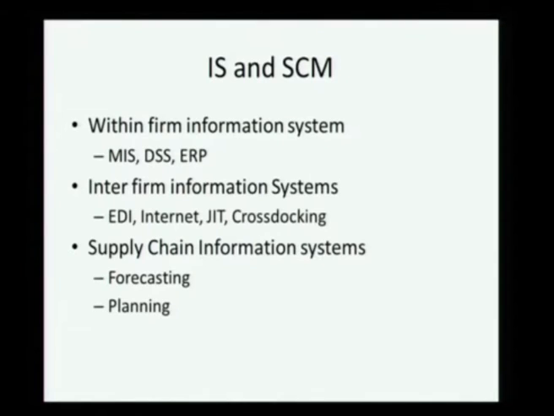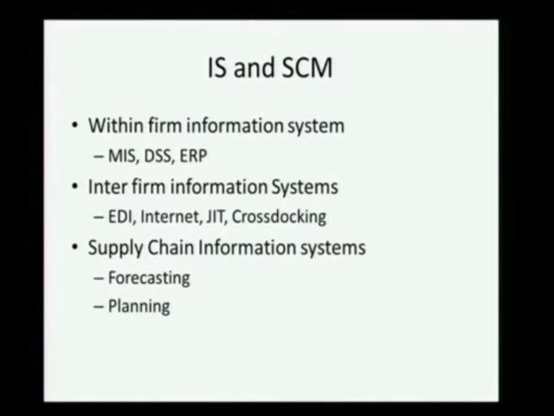In addition, we have what are called supply chain information systems, where we talk about decision making for the entire supply chain, which means a chain of manufacturing organizations, a chain of organizations that act as supplier, customer, etc. So, effective decisions on forecasting for the product that would be useful to the entire supply chain, and effective decision making in planning that would be useful to the entire supply chain.